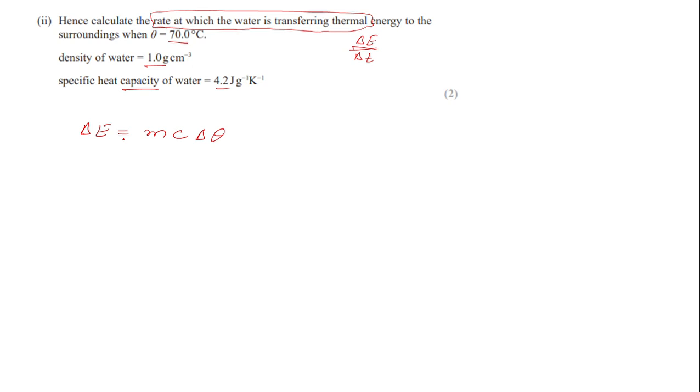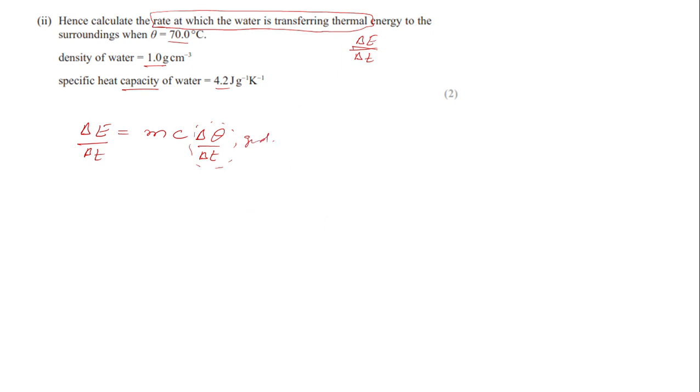You don't have delta t in the formula, so you will have to introduce it. So I am dividing the whole equation by delta t. You can write delta t only under delta theta, because clearly in this equation this is nothing but the gradient that you found. So you use your gradient from the previous part, and everything is given.